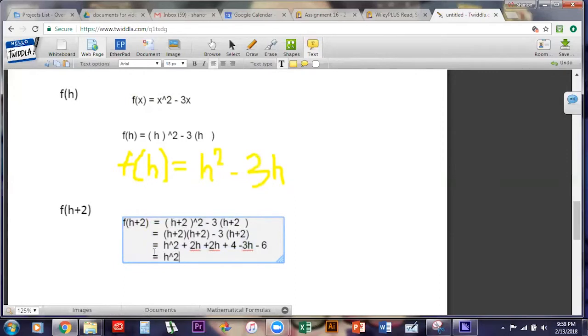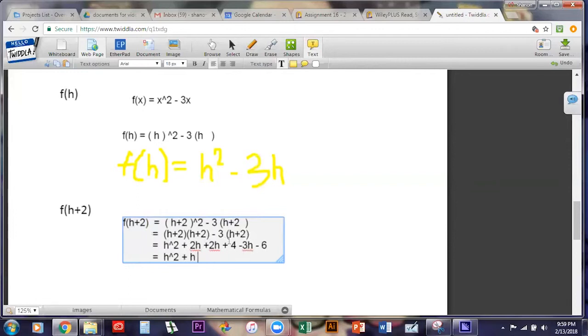This is the only h squared term I have, so I'm going to drop it straight down. Notice I have a 2h and a negative 3h. These combined give me a positive 4, minus 3, or negative 3h, gives me a positive 1h. And we know when we just have 1, we don't have to list that 1, so it's just a positive h.